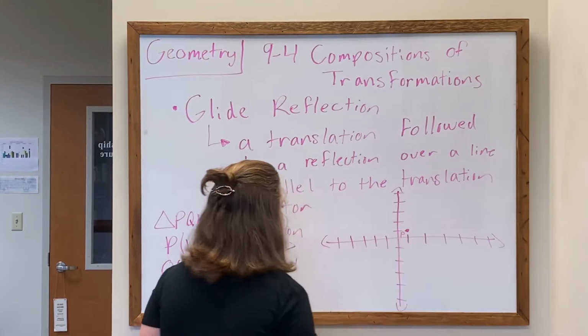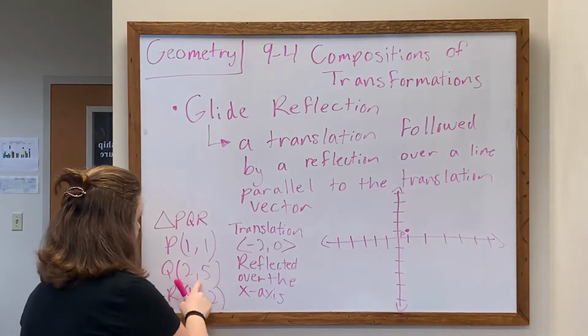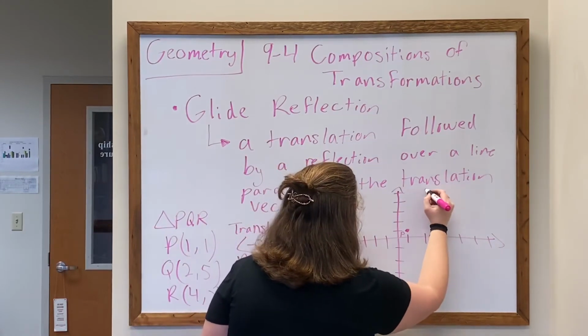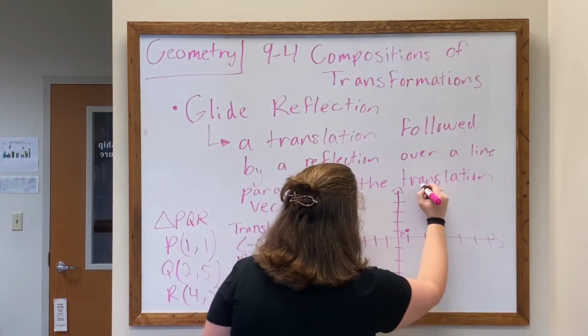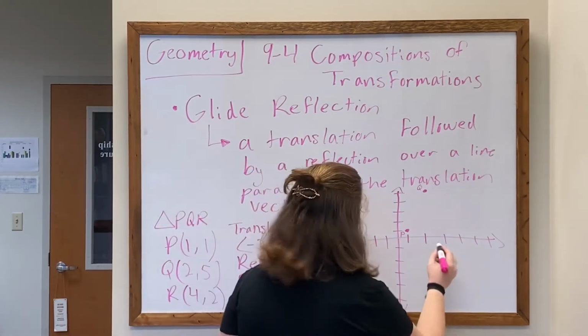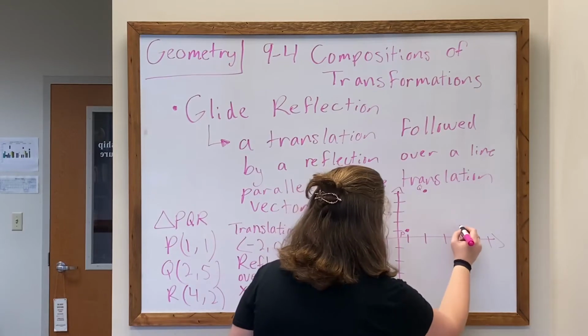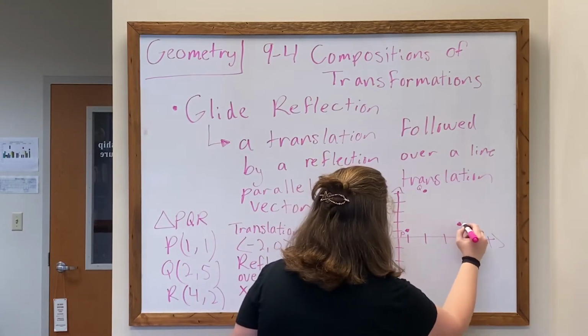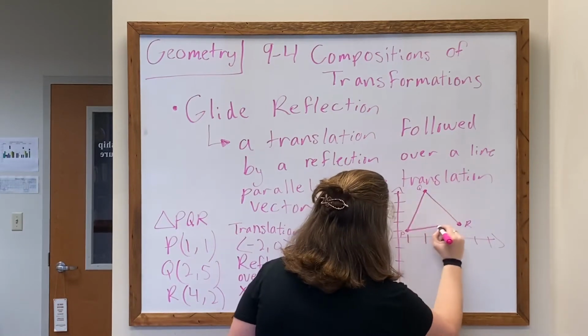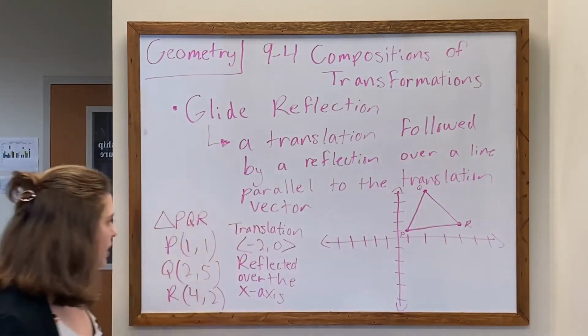There's P. Q is going to be 2, 5, so 1, 2, 3, 4, 5, all the way up here. Q. And then R is 4, 2, so I'm going to go 1, 2, 3, 4, and up 2. There's R. So here is my original triangle, P, Q, and R.